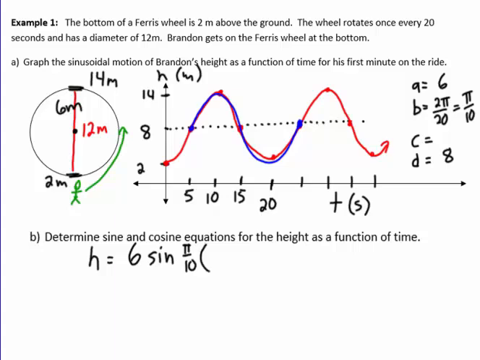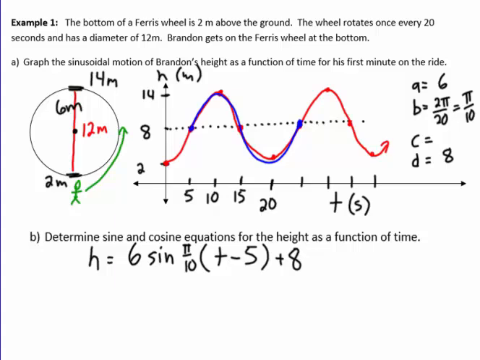Now our x in this case is t. And how has that sine graph been shifted? Well, it's been phase shifted 5 to the right. So we have minus 5 plus 8. There is the sine function in terms of h and t. And if we were given any time, we could plug that in and find the value of the height.